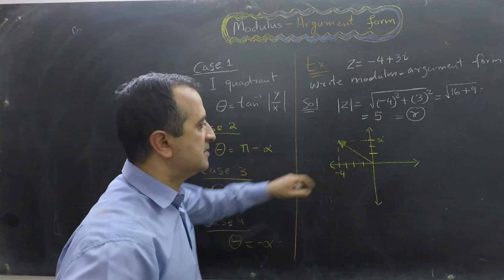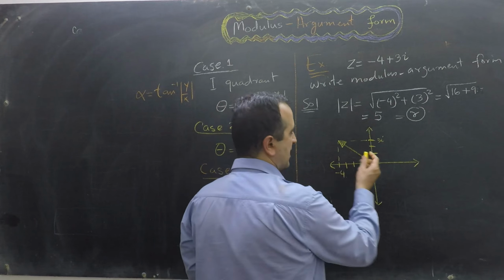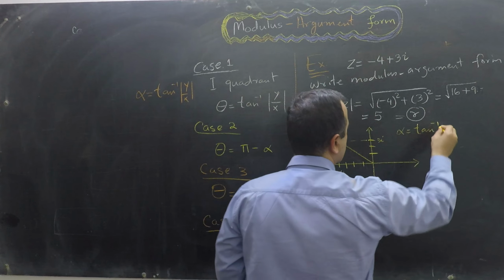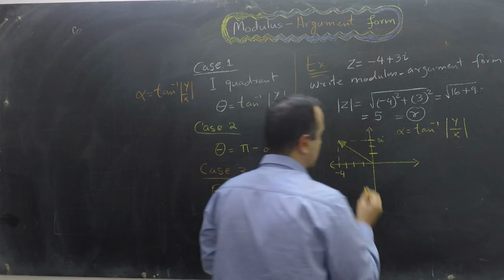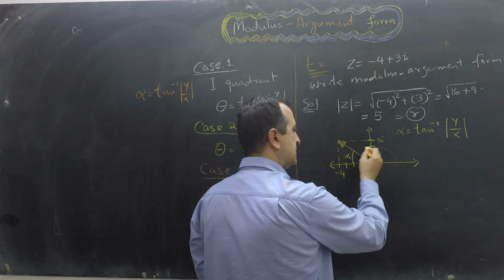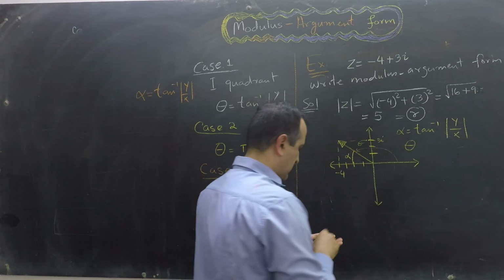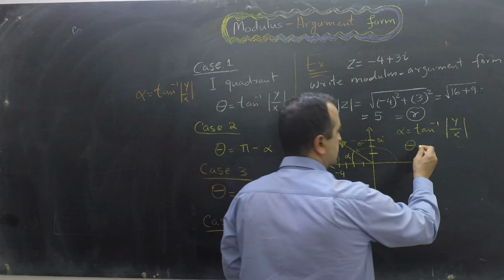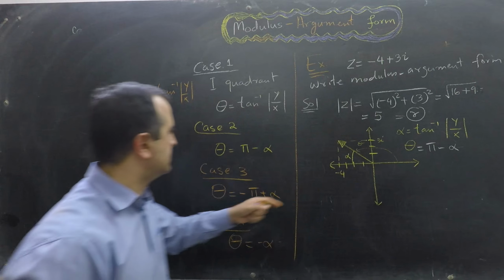Now because we are in the second quadrant, when I use alpha is equal to tan inverse mod of y over x, then I will get this alpha, and my aim is to get this theta. So in order to get theta, I subtract alpha from pi. So I say pi minus alpha is my theta. We have written this case already here, right?